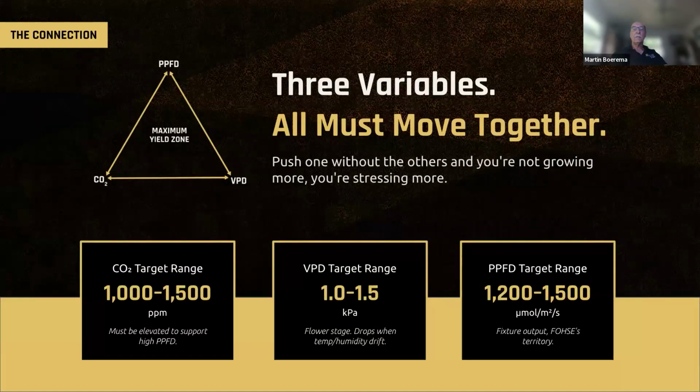So now we're talking about the other side of the coin. Light being one side, the other side being CO2, VPD, but also temperature. Leaning on Liebig's law, the law of the minimum, if we increase PPFD but we don't increase CO2, then we limit our photosynthesis.